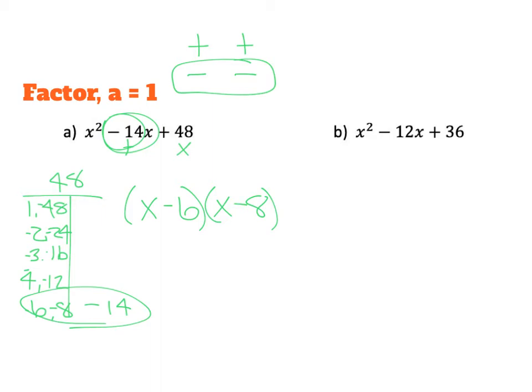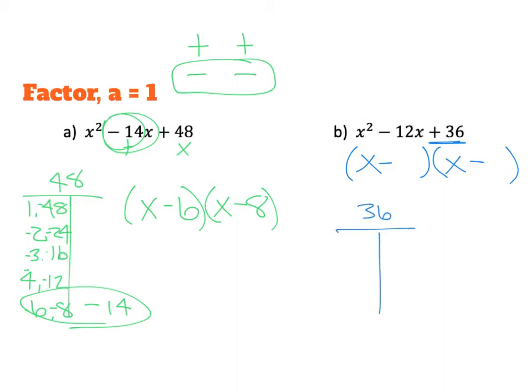You're going to do the same thing over here with 36. We're multiplying to 36, adding up to negative 12. So again, multiplying to a positive and adding up to a negative means we're going to have 2 negative signs here. So I'm going to set my parentheses up first, and then I have 36.